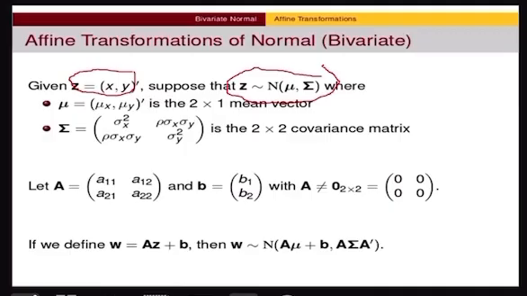Not just the individual variables, the joint variable follows a normal distribution. Now, if the joint variable follows a normal distribution, then the mu here is actually going to be a vector that will contain the mean of x and the mean of y.